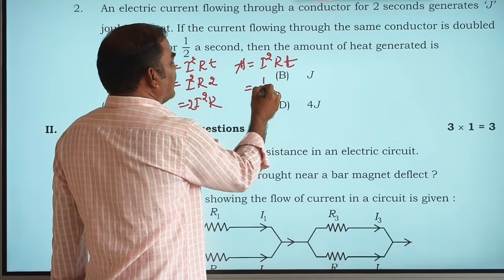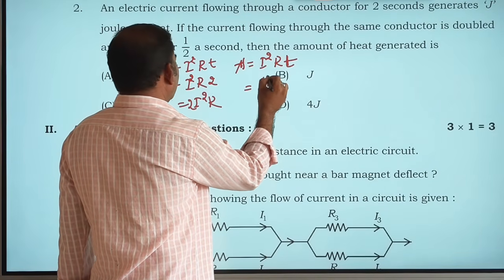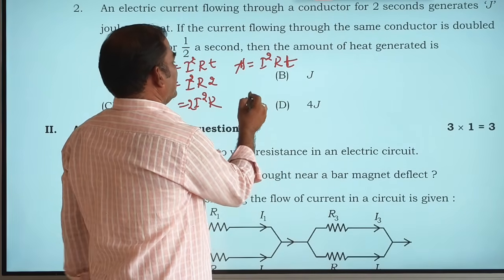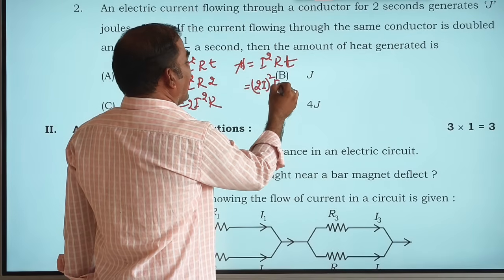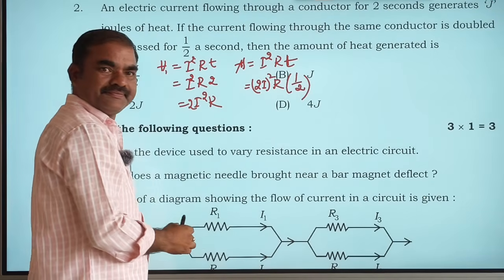Now current is doubled, 1 by 2, doubled, sorry, 2I whole square. R is R, and time is half second.